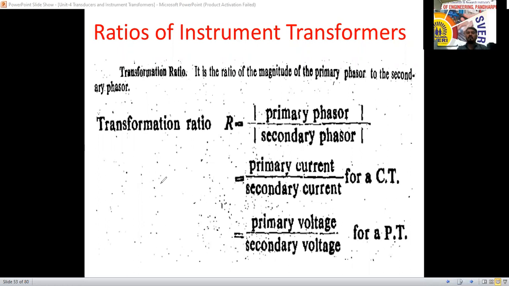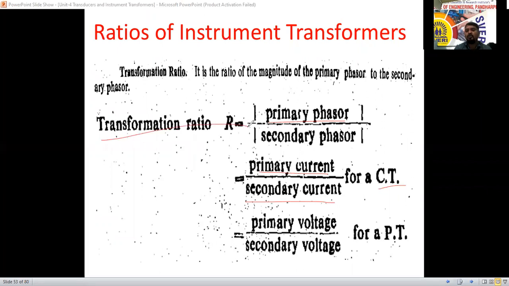The potential transformer steps down from higher voltage to lower voltage. What is the magnitude of the phasor they are using here? The magnitude of the primary phasor is nothing but the primary current: in the primary winding how much current is there, and in the secondary winding how much current is there. That ratio gives the transformation ratio here.